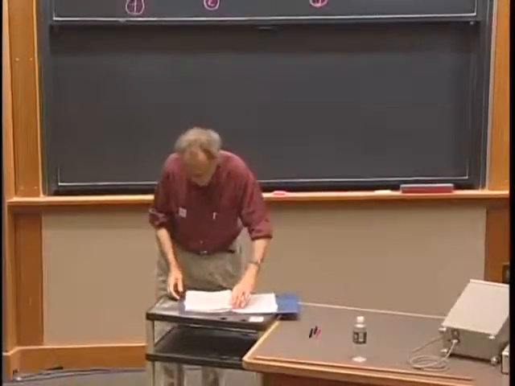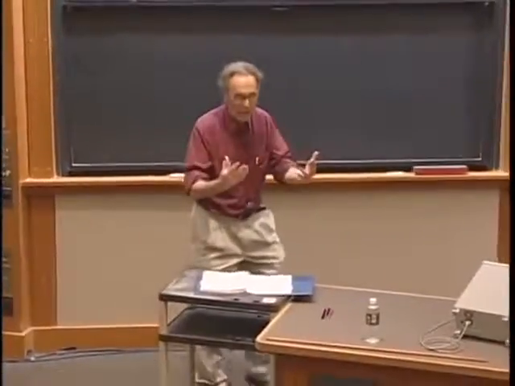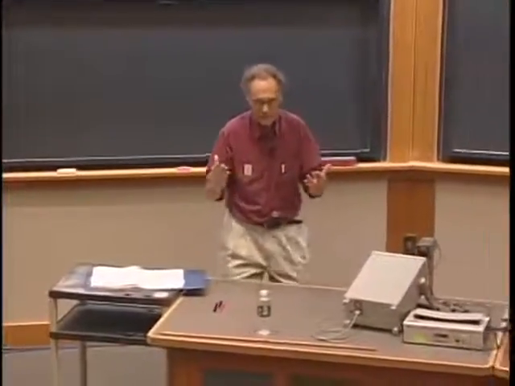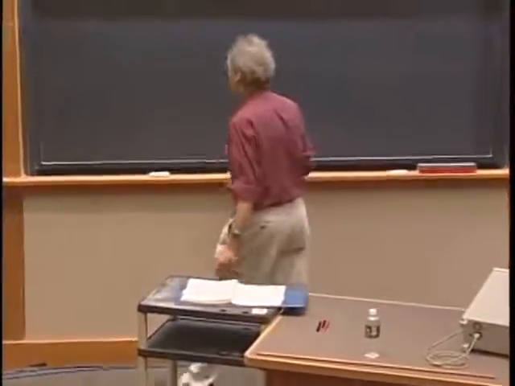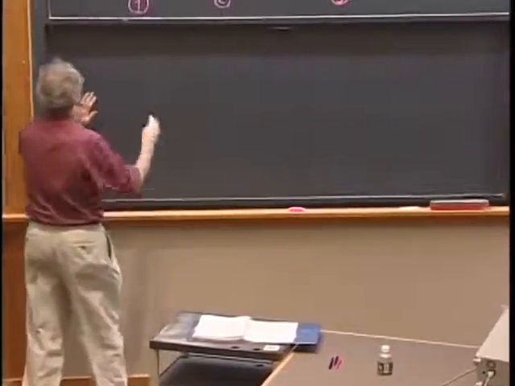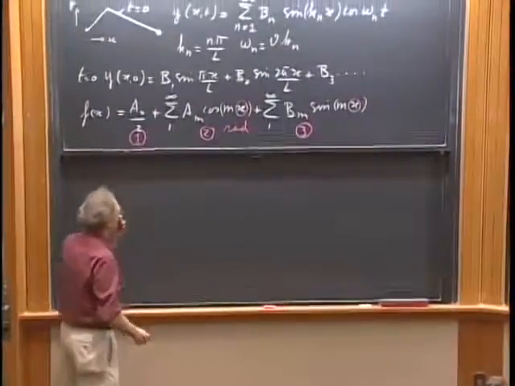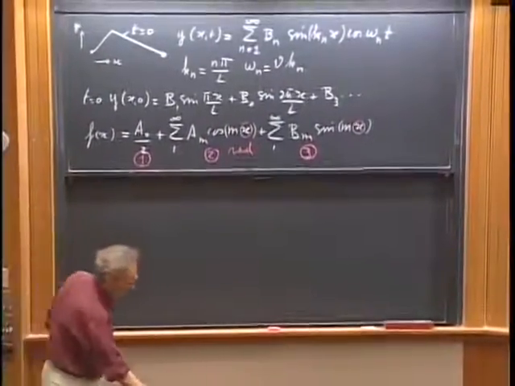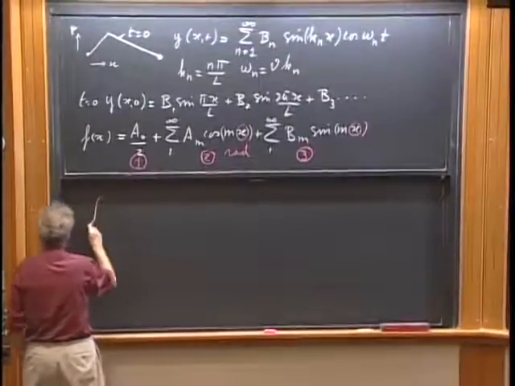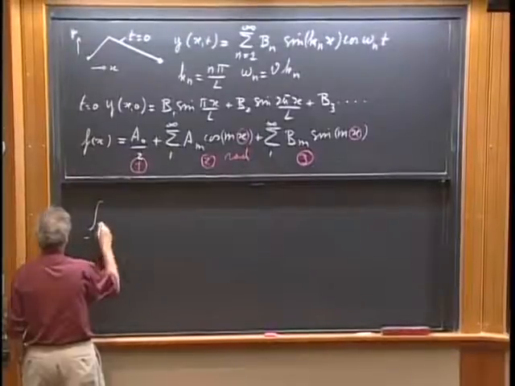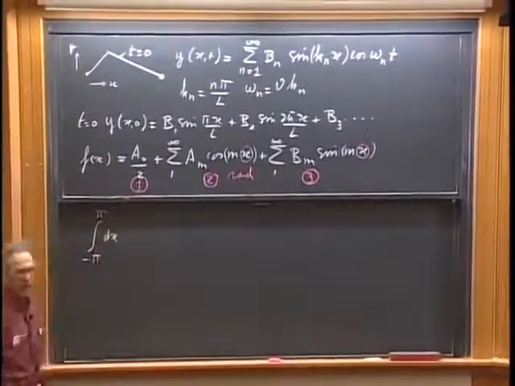So our task now is to find the values for a and b if you know the function f(x). And I will build up with you the recipe that allows you to calculate the values for a and the values for b. The first thing you do to find a0, you take the integral from minus pi to plus pi dx on both sides of the aisle.